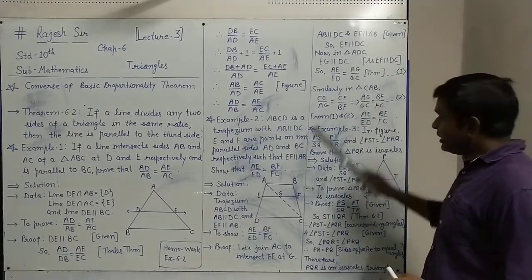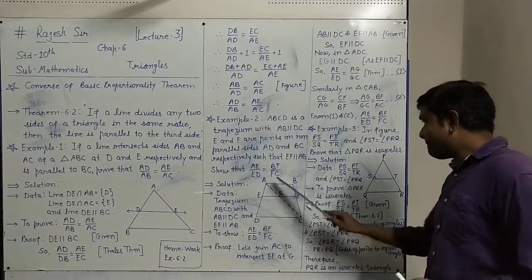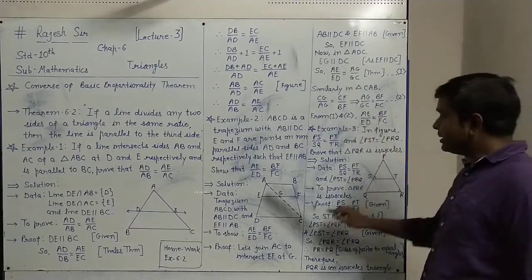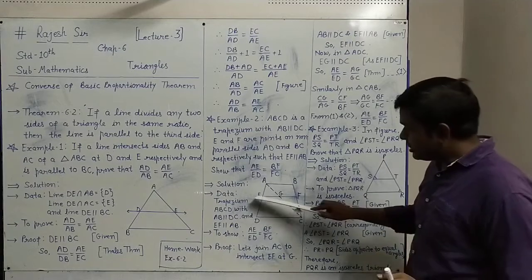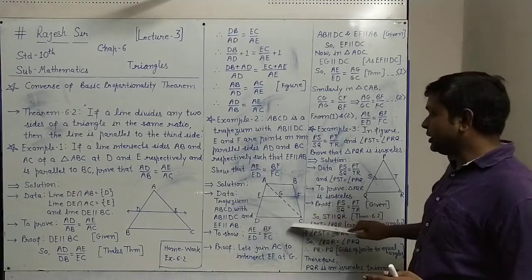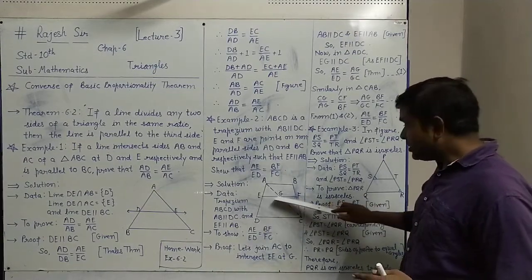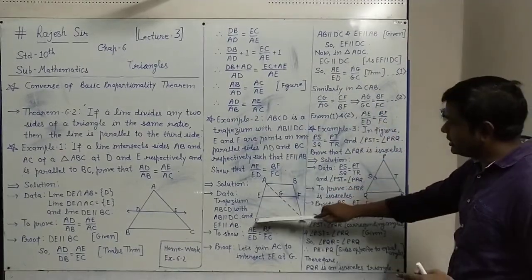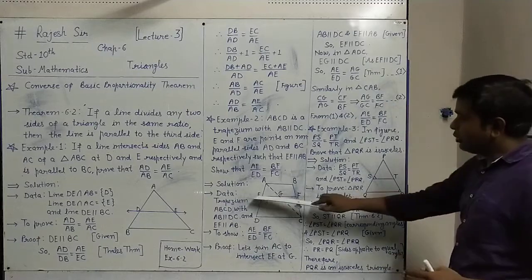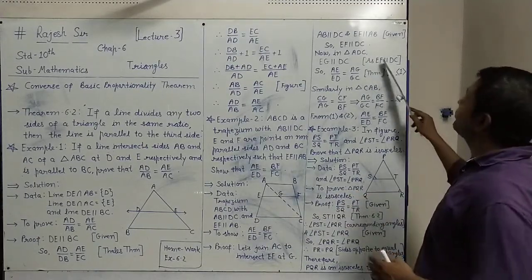Now we will see the triangle ADC. This triangle you see. In that, EG is parallel to DC. We can write EG parallel DC. Why can we write so? Because if the whole EF is parallel to DC, so its part EG will be parallel to DC. That is the reason also here EG parallel DC, because the whole EF is parallel to DC.